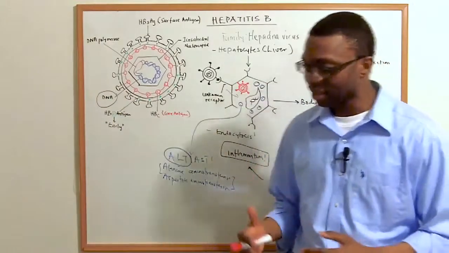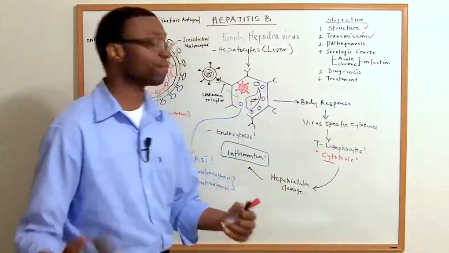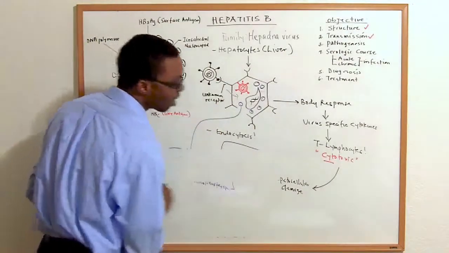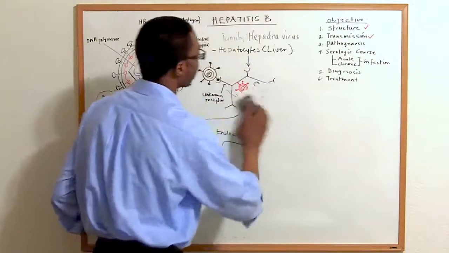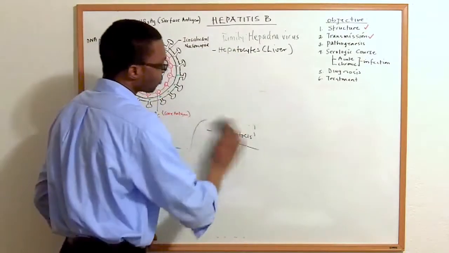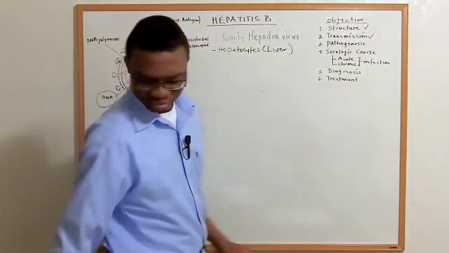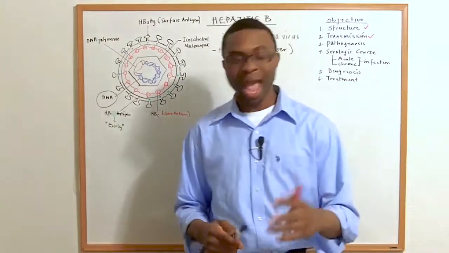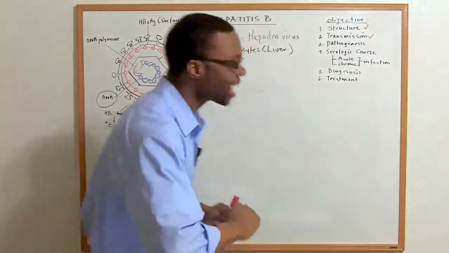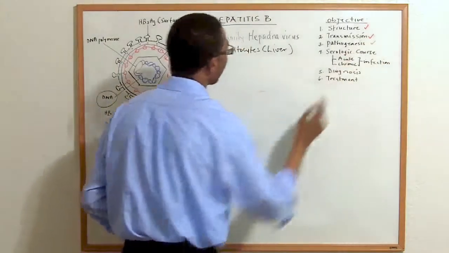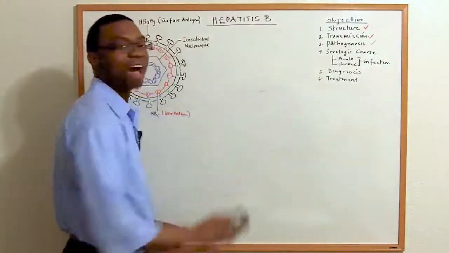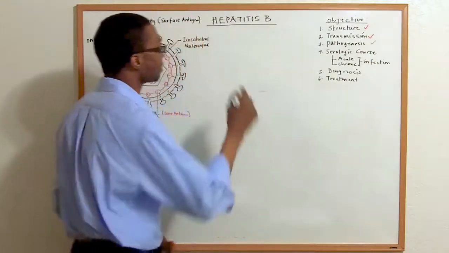Now let's talk about how the course of the infection of hepatitis B actually works, now that we know the pathogenesis of the disease. So, when somebody gets infected with hepatitis B, do they know? Actually, 70%, let's talk about the serologic course. 70% of people that get infected with this virus have no idea they have the virus.